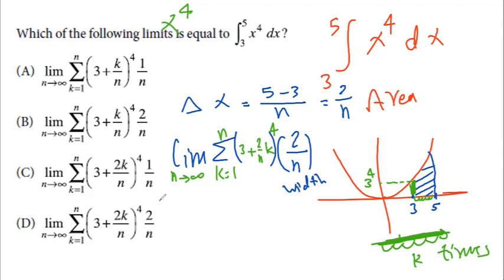So you will notice that this is option D. You could immediately have eliminated option A and option C, since the width of the rectangle is 1 over n, not 2 over n as we found. And then here you will notice that 2 over n shows up again, when you add the width of every little rectangle that you have.